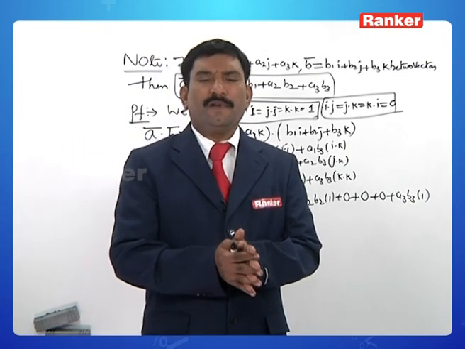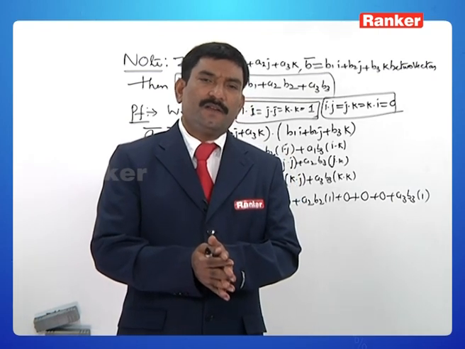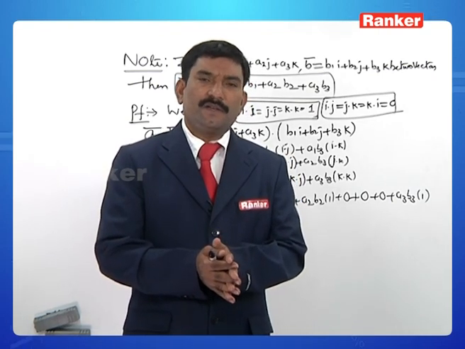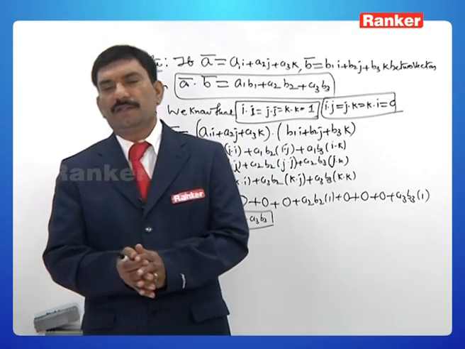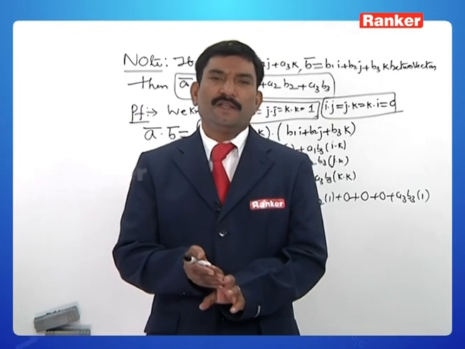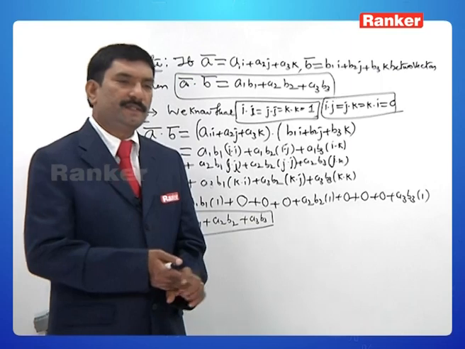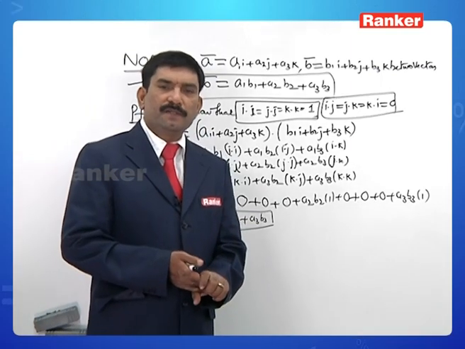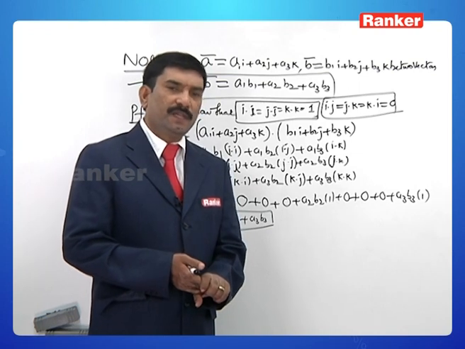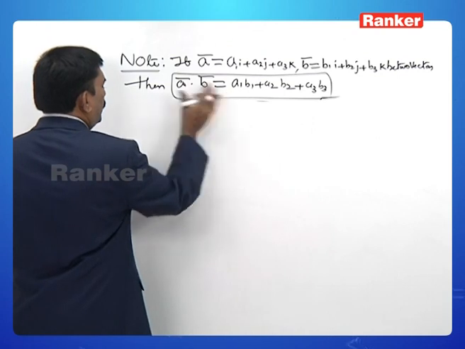Just the fundamental definition: i dot i is equal to 1, j dot j is equal to 1, k dot k is equal to 1. Meanwhile, i dot j, j dot k, k dot i is equal to 0. By using that, we could prove A bar dot B bar is A1 B1 plus A2 B2 plus A3 B3. Followed, right?